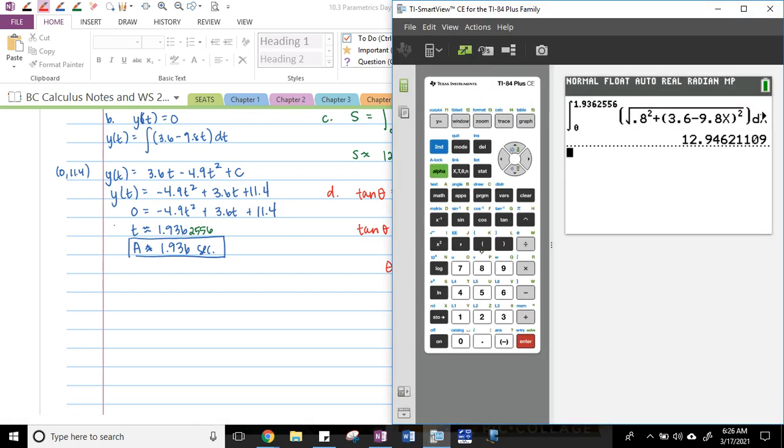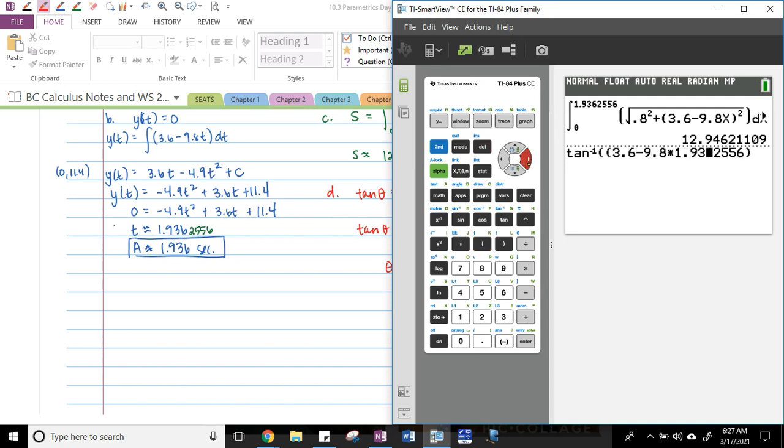So I'm going to find the answer in radians and just say arctangent of (3.6 minus 9.8 times 1.936256). Oops, I forgot, gotta go back and put parentheses in here because I'm doing it all at once. Insert parentheses.